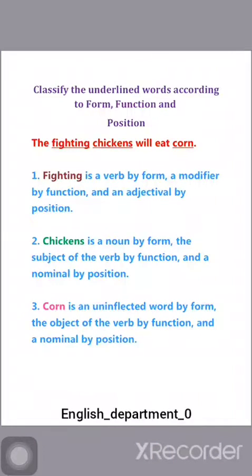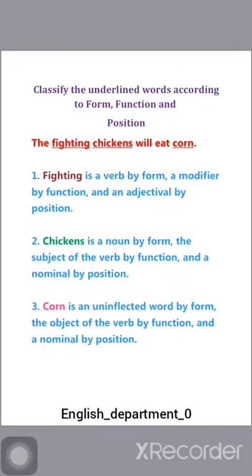Okay, in this slide we are going to take an example of the classification of words according to form, function and position. Here we give you a sentence in which we have three words which are underlined. So in this case we are going to classify each underlined word alone according to the three modes of classification.